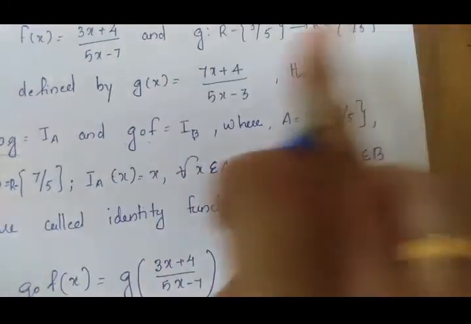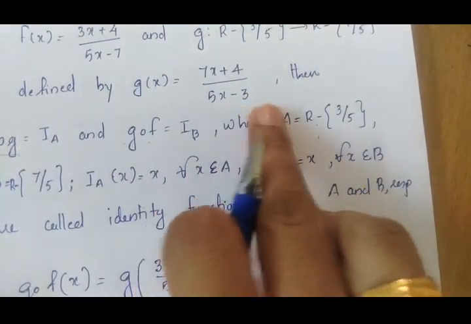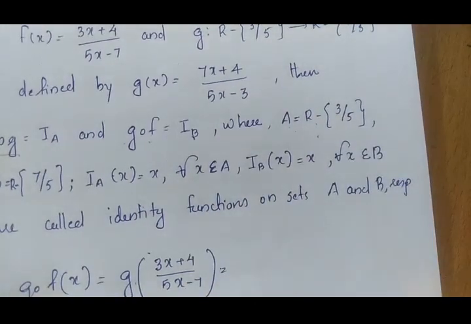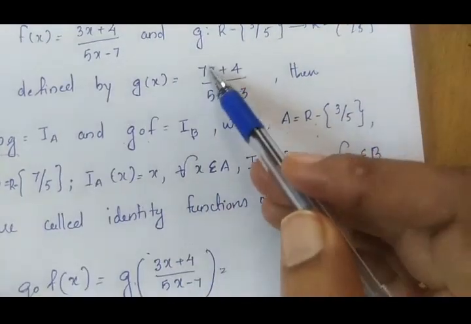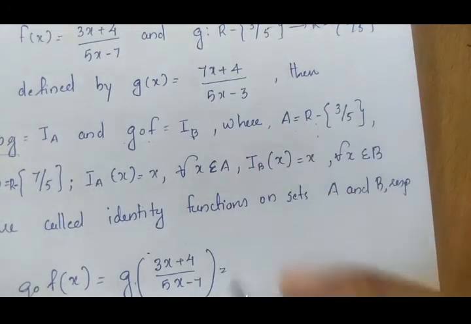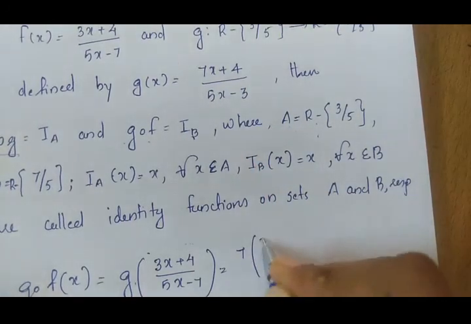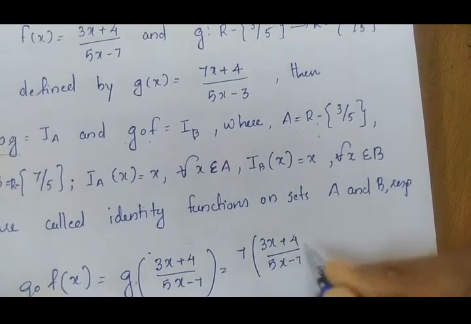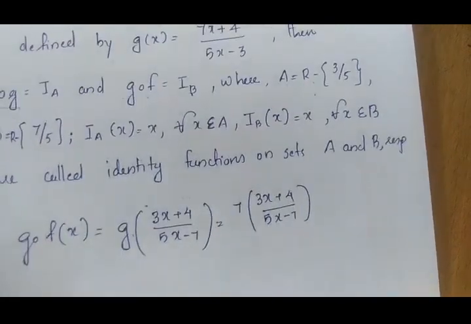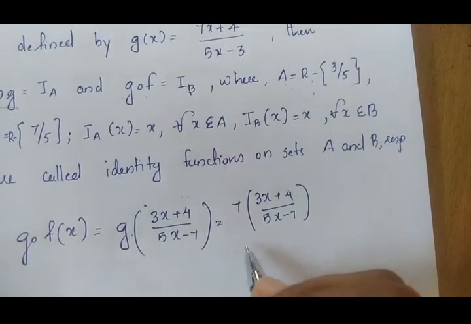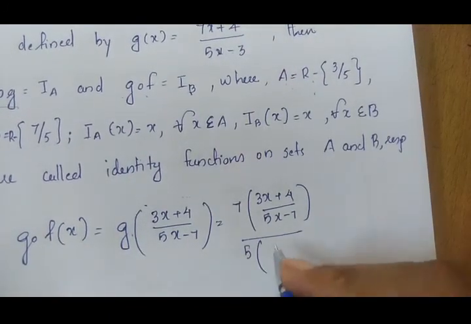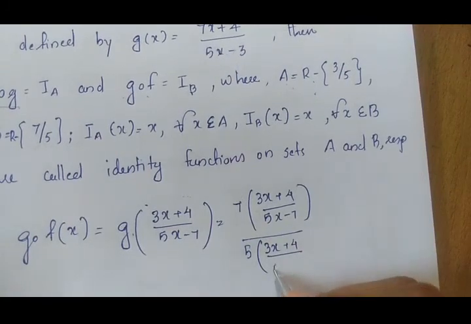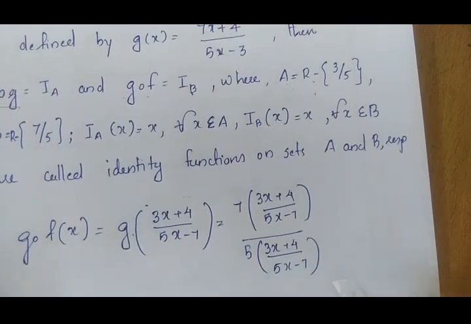What is g of x? (7x plus 4) divided by (5x minus 3). So we have to substitute this value for each x, that is 7 into (3x plus 4) divided by (5x minus 7), then again 5 into (3x plus 4) divided by (5x minus 7).